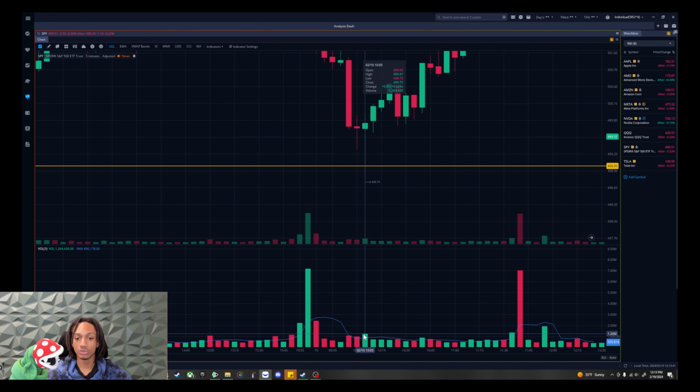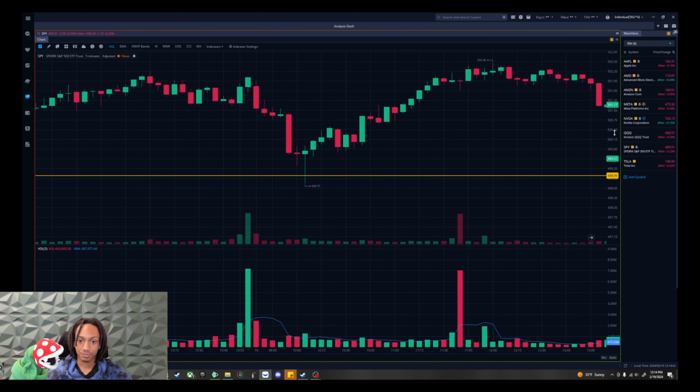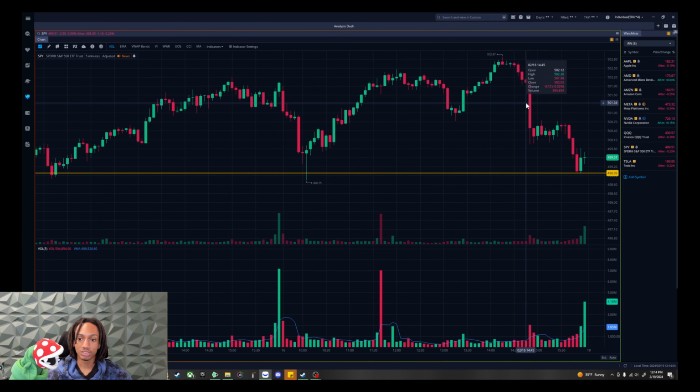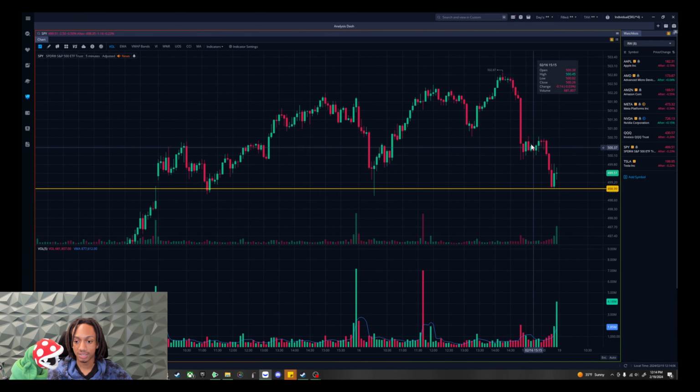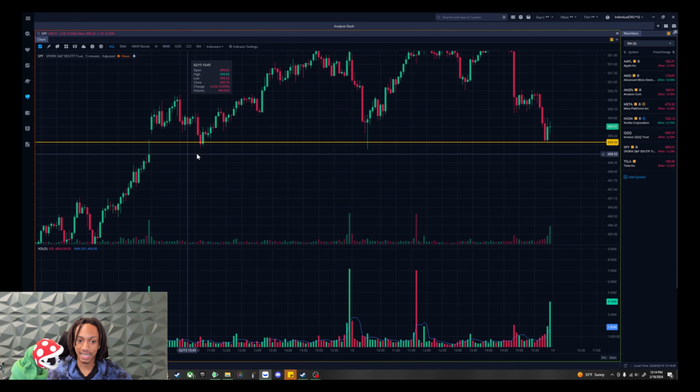So that gives you more confidence that there is more demand, because way more shares were traded in this 5 minute time frame than the average amount of shares traded in a 5 minute time frame on this stock. And that's how you combine those pieces of information to show you, all right, this is actually significant.